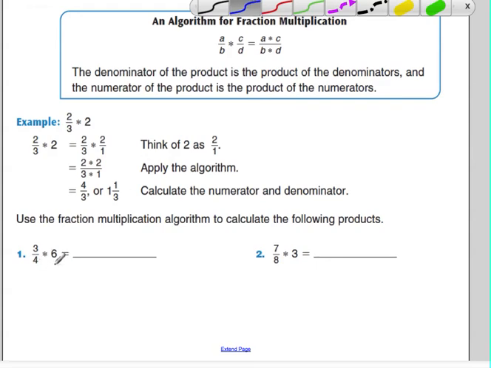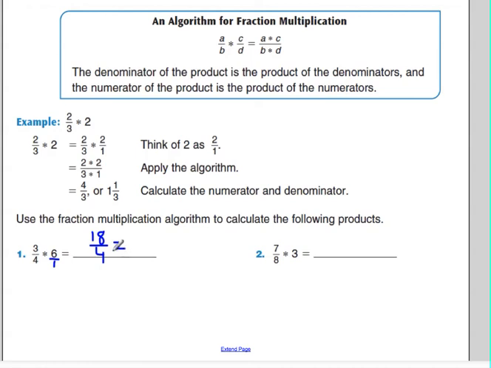3/4 times 6. Well, what I do when I'm doing my work is I just make that into a fraction. Just put 6 over 1. Now I can do 3 times 6 is 18, and 4 times 1 is 4. Have you noticed how I've gotten an improper fraction every time, pretty much?